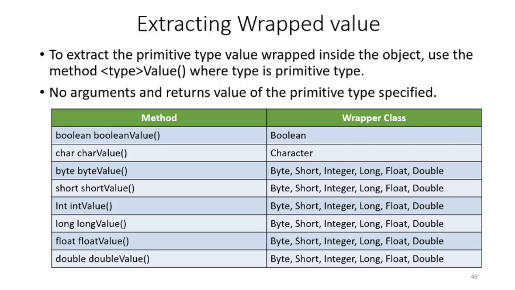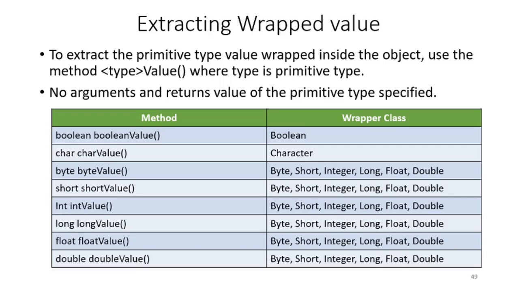Then intValue also returns byte, short, integer, long, float, double value. longValue, floatValue, doubleValue, all these functions are going to return values of type byte, short, integer, long, float and double. So these methods are associated with the wrapper classes. You can use these methods to retrieve the values of those particular wrapper classes according to the data type.